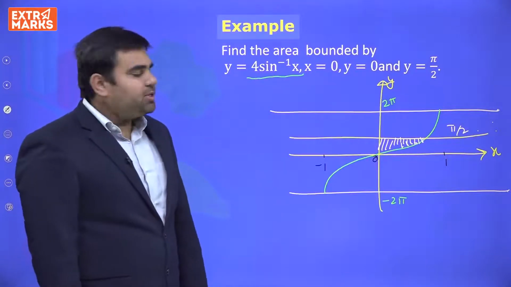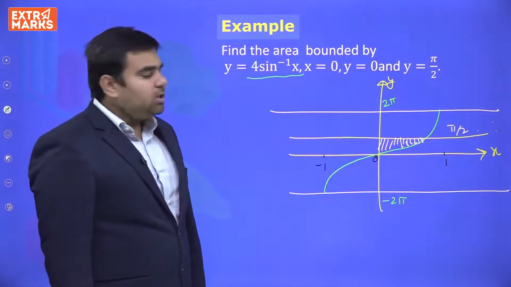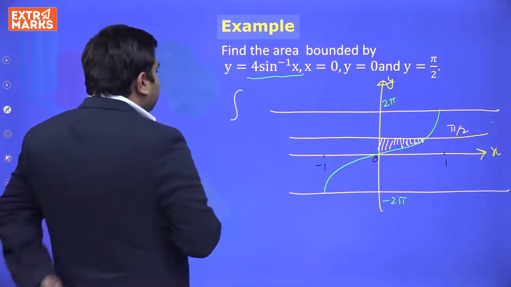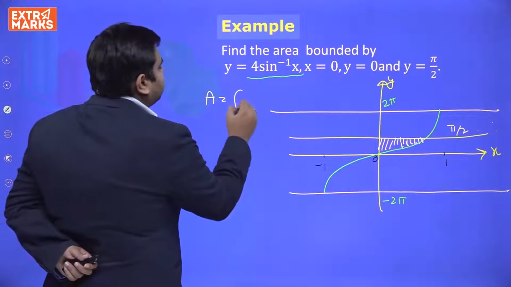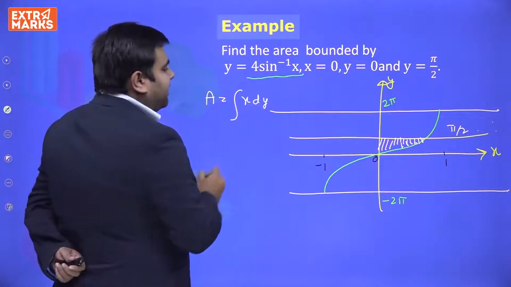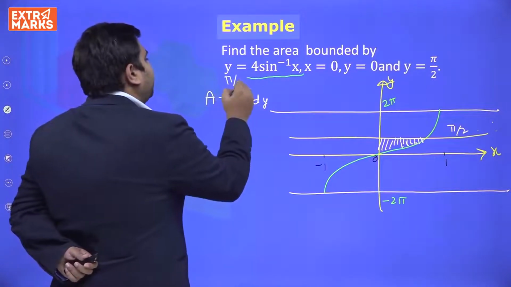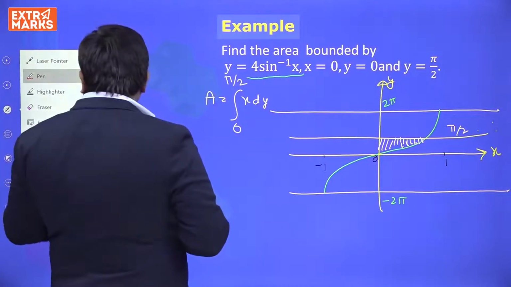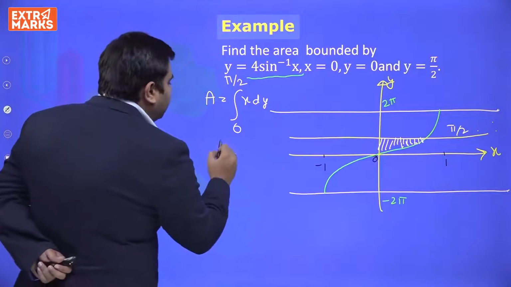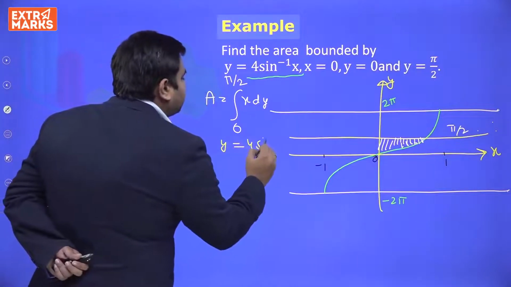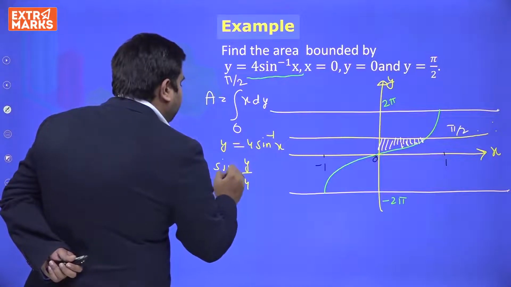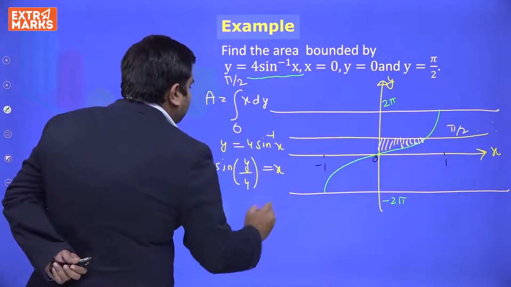So how to obtain this shaded area? The shaded area can easily be obtained by applying the formula which we have learnt, that is area is integration of x dy, where y gets varied from 0 to pi by 2. What is x? If y is equal to 4 sine inverse x, then sine of y by 4 will be equal to x.